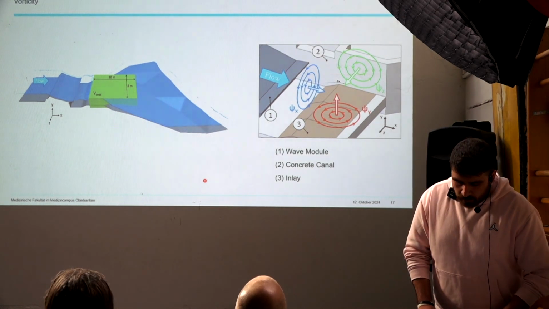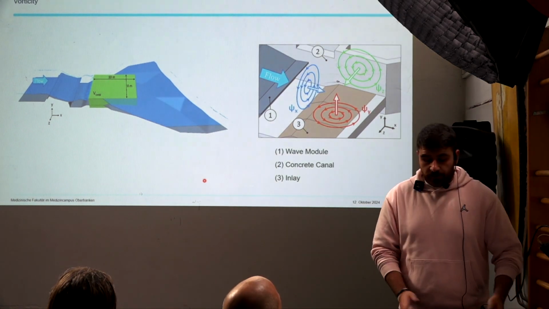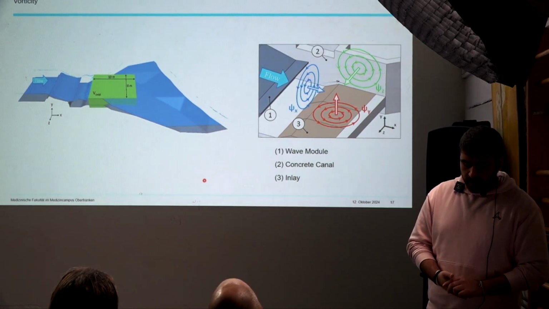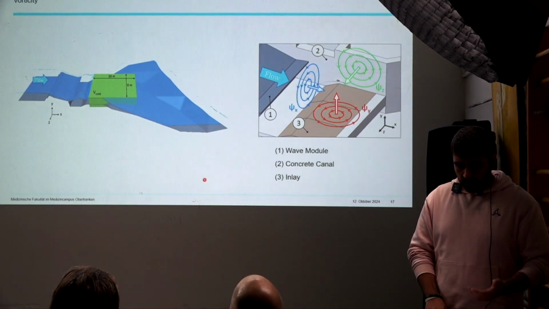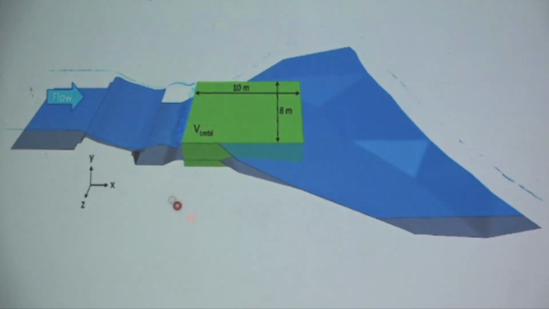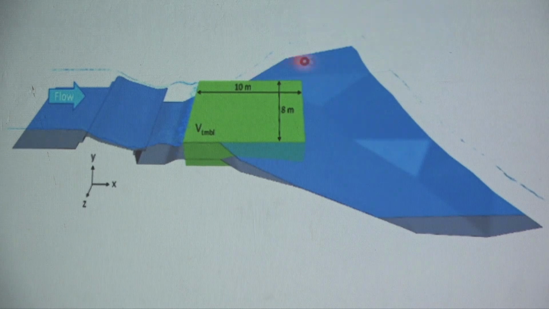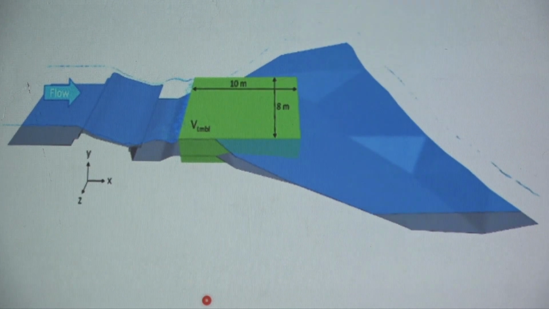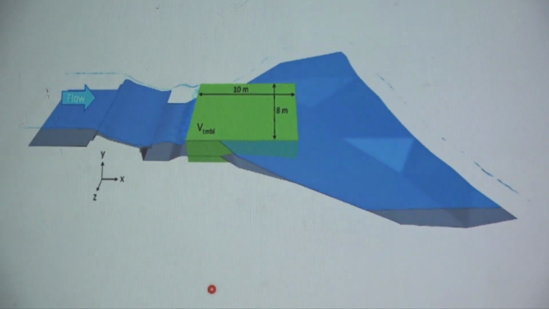Now, how do we know which of our configurations achieved the desired behavior of reducing this recirculation zone? To address this, we define a volume here behind the wave, shown here in green, where those backflows occur, and we calculate the vorticity.